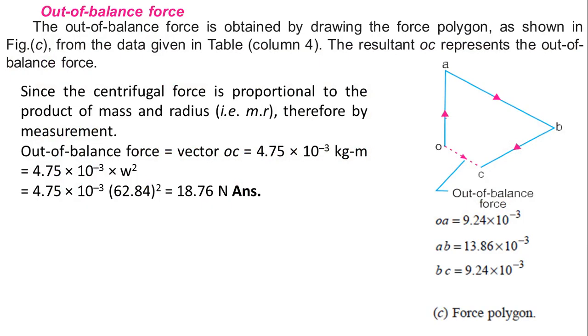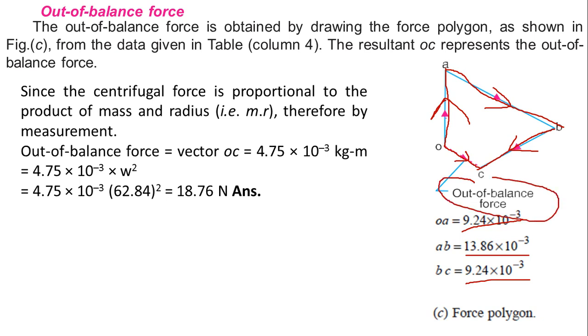So O to A is 9.24 into 10 to the power minus 3. Then 120 degrees to this is B, 13.86 into 10 to the power of minus 3. Then 120 degrees to this is C, again 9.24. The resultant, O to C, will be nothing but the out of balance force.